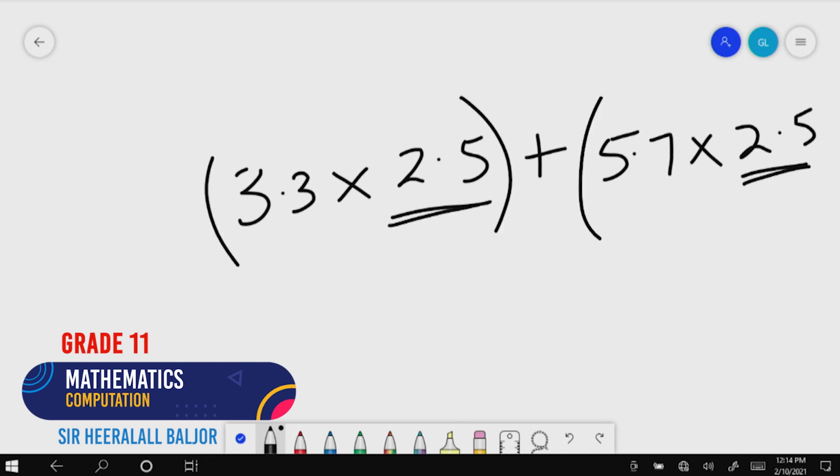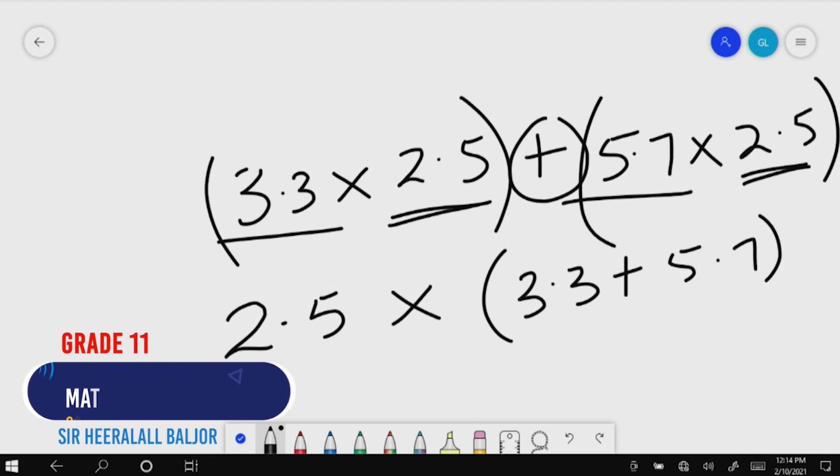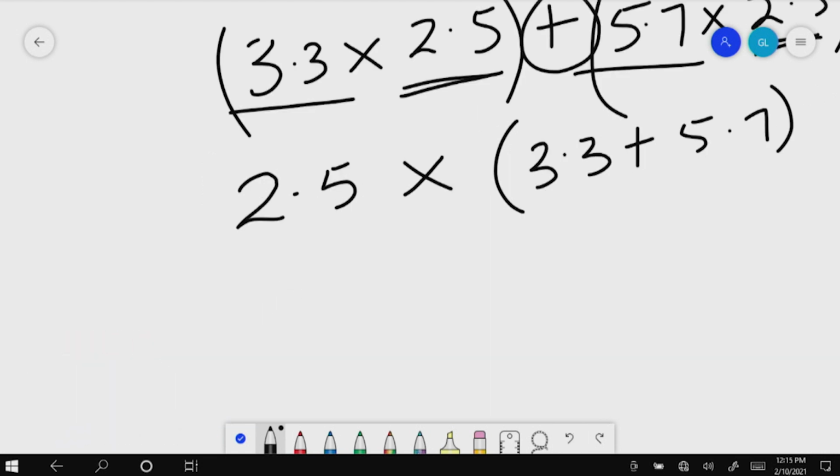And that quantity would have been 2.5. So this would have been the same as 2.5 multiplied by the remaining quantities, we sum them. So this would have been 3.3 plus 5.7.